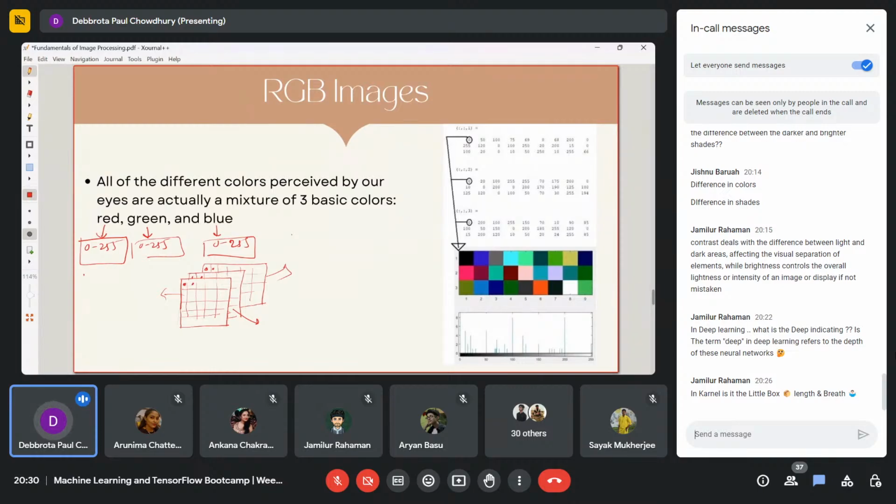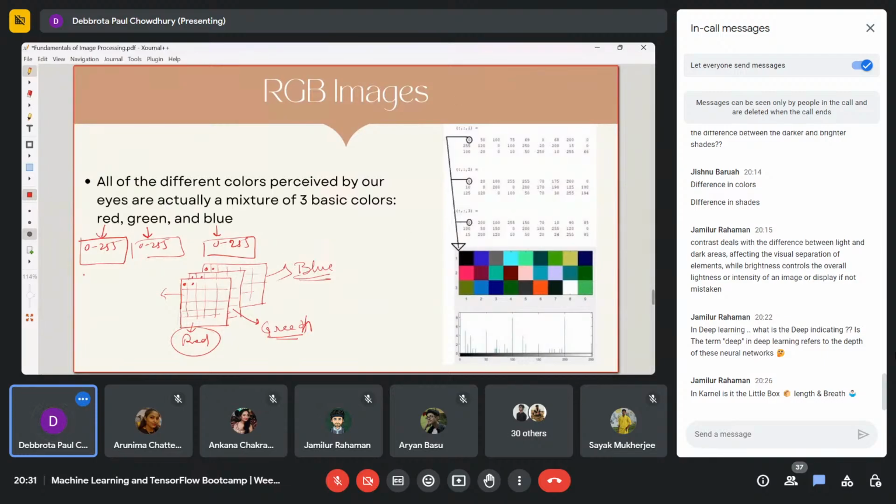So the first matrix is, let's say, the red channel. This will decide how much red is there in your picture. This is the green channel, so the green channel will decide how much green is there in your picture. And this is your blue channel, so the blue channel will decide how much blue is there.